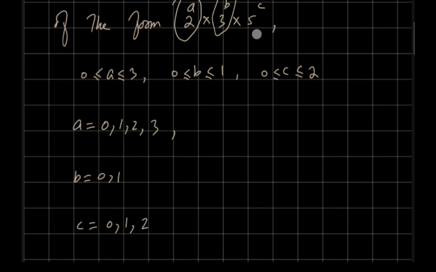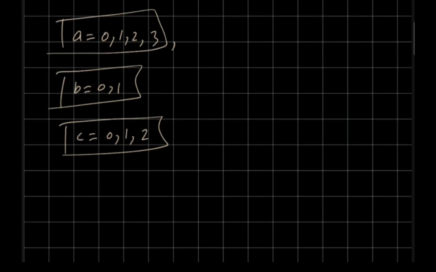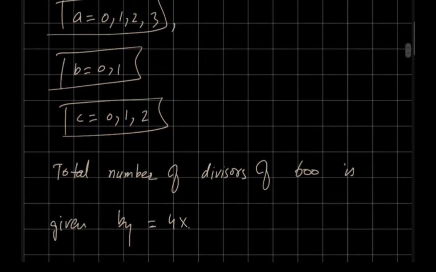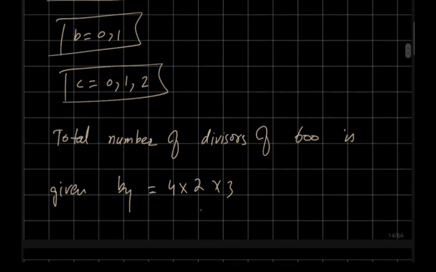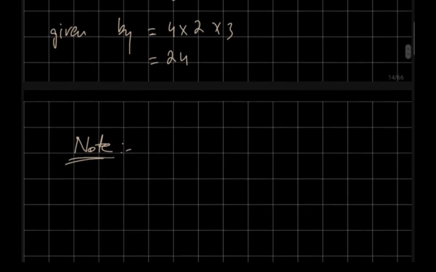So in this task, you can see a has 4 ways, b has 2 ways, and c has 3 ways. So by the product rule of counting or multiplication principle, the total number of divisors of 600 is given by 4 times 2 times 3, which is 24. So this concept can be generalized.